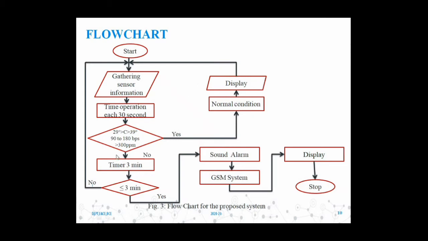If it does not satisfy these conditions, that is, if the temperature does not range between 29 to 39 degrees Celsius and heartbeat does not range between 90 to 180 beats per second, and if the toxic gas concentration is above 300 ppm, it is not a normal condition, and the timer will be for every 3 seconds.